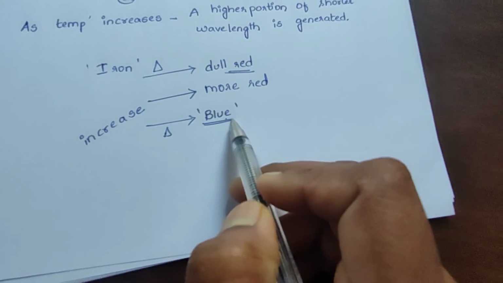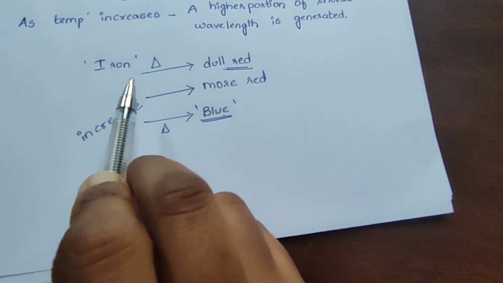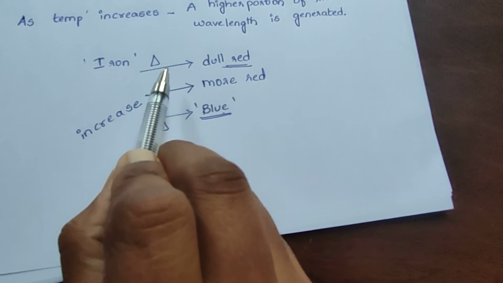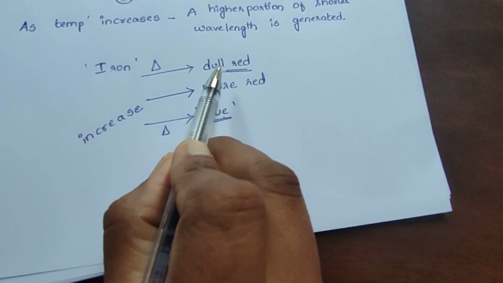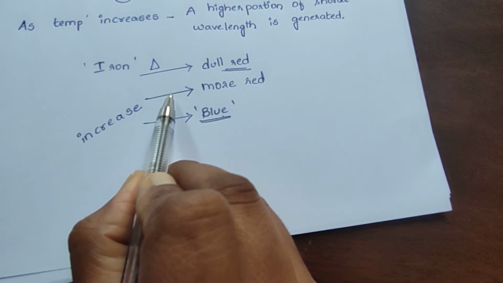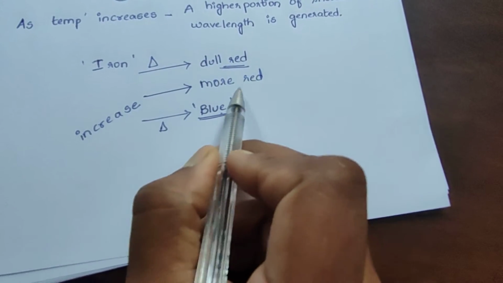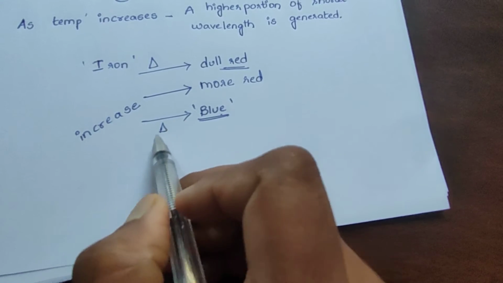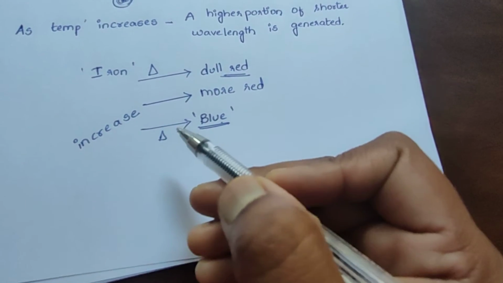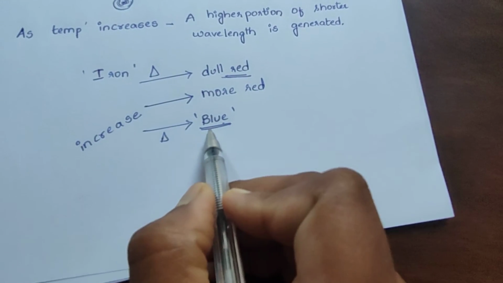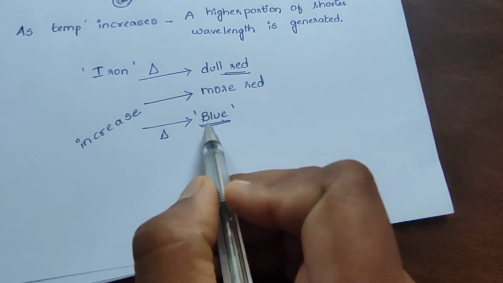When an iron rod is heated in the furnace, first it will be dull red. On further heating, we get a brighter red color, and then when we continuously increase the temperature, the tip of the iron rod turns blue.